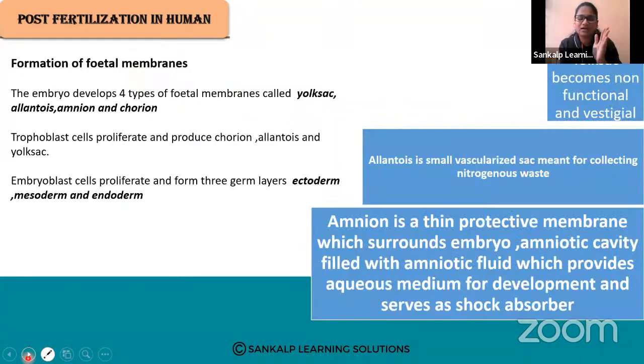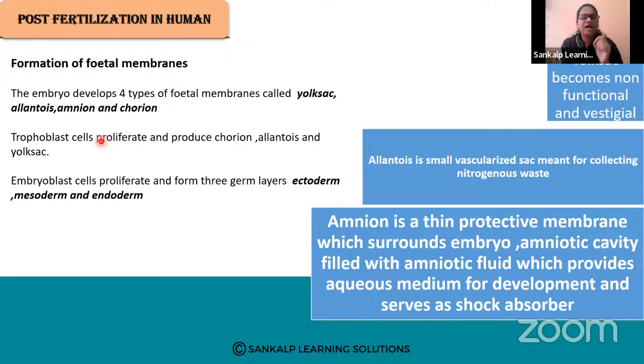First, fetal membranes form. Formation of fetal membrane. Four membranes will be formed: yolk sac, allantois, amnion and chorion. The trophoblast cells will proliferate and extend and produce chorion, a fetal membrane.